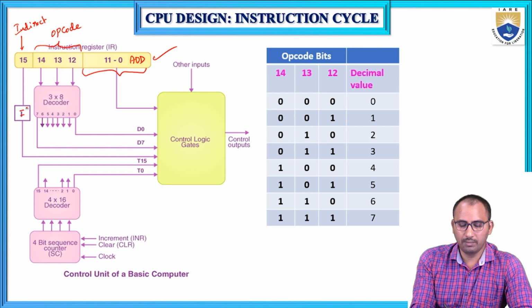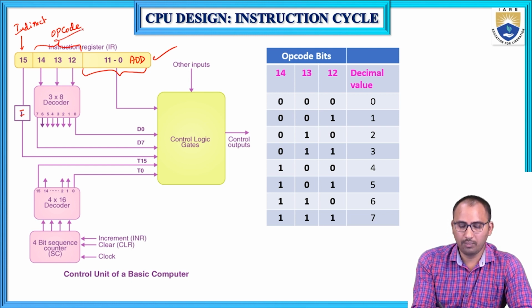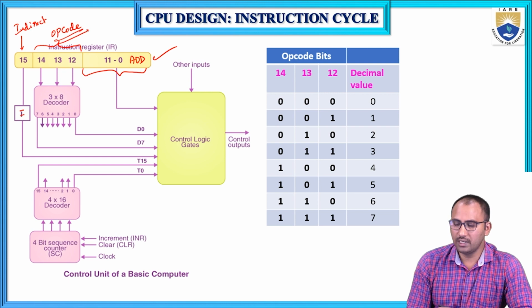If I is equal to 1, that means indirect address, so we need to go to the memory to read the effective address. So these are the 3 opcode bits: 12, 13, 14. Total 3 bits are there.